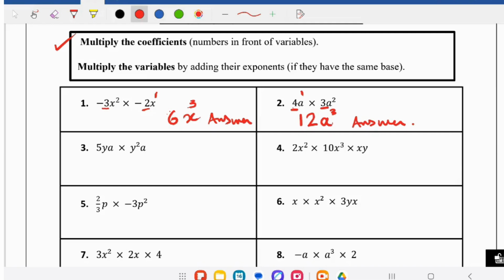Next, I have 5 and there is coefficient 1, invisible 1. So 5 times 1 is 5. Now I have got two variables, a and y. So I will just write a first.